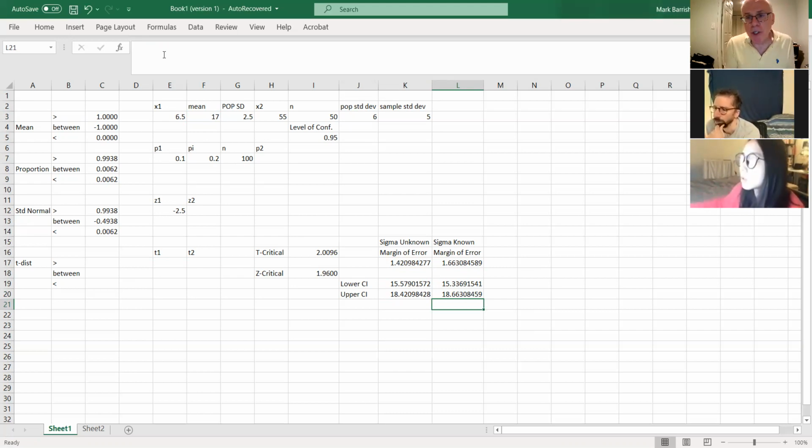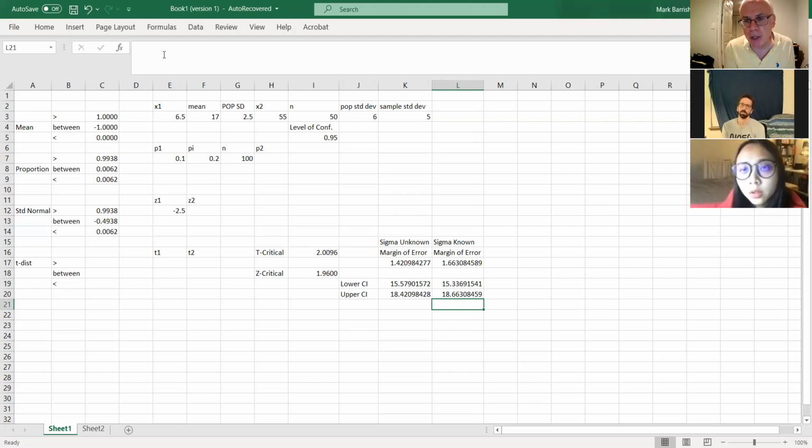So you can set up a spreadsheet like this. When you're being asked to find these, instead of using software, which will just give you the answer, that's fine. But at least with this, you can understand what you're doing, the mechanics.